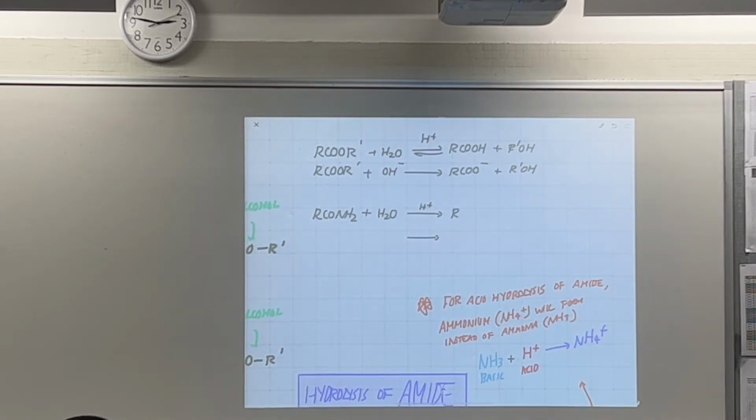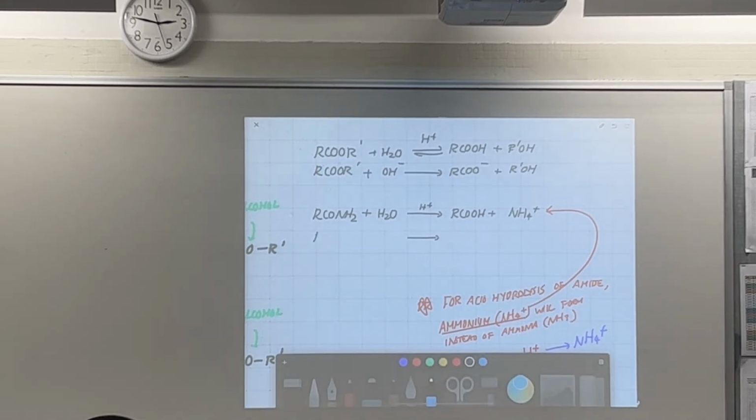So you have RCOOH and you have NH4+. The NH4+ results because of what we mentioned: ammonium will form instead of ammonia. And then when you do alkaline hydrolysis, you will have RCOO- and NH3. So you see the products are very similar.